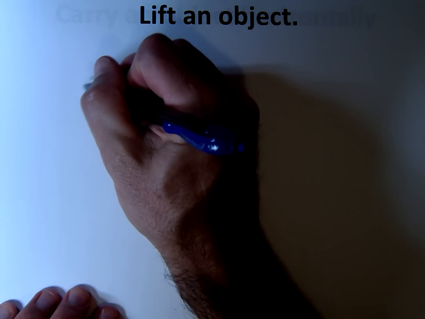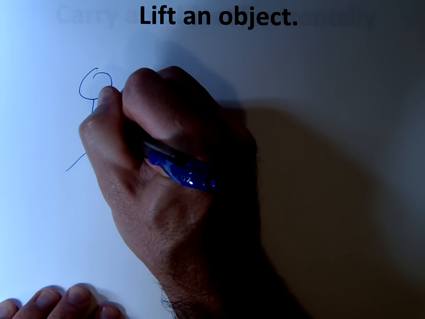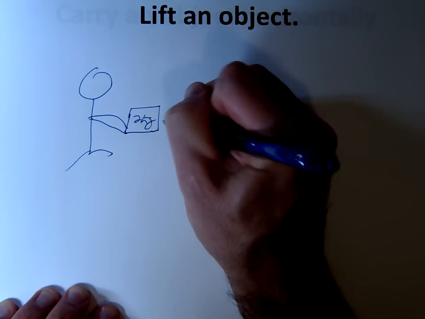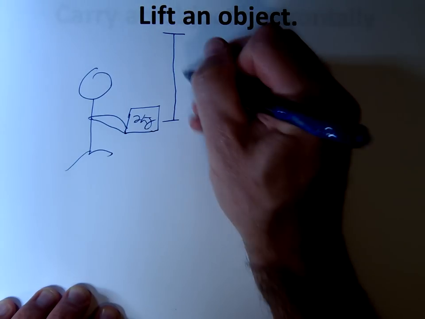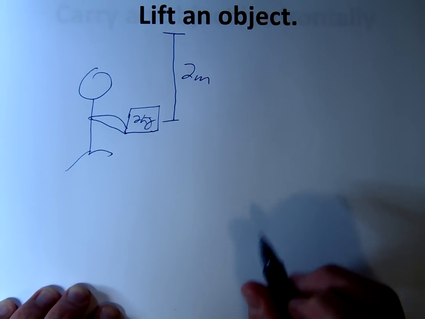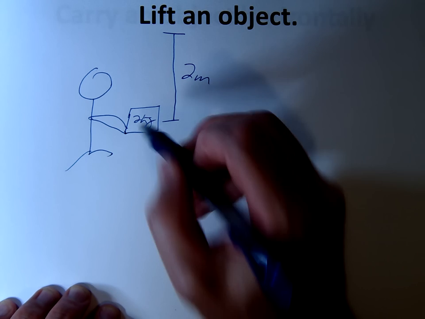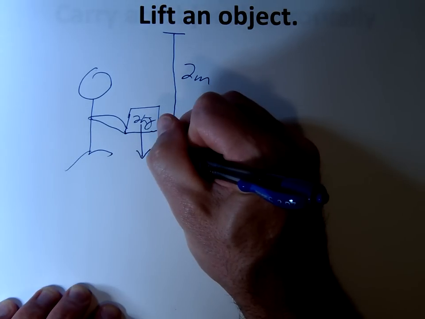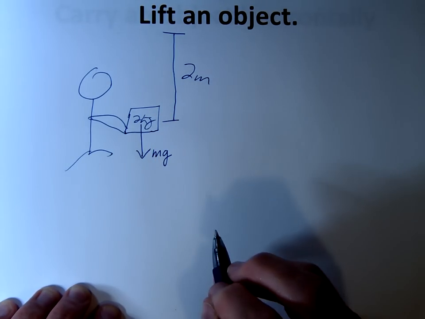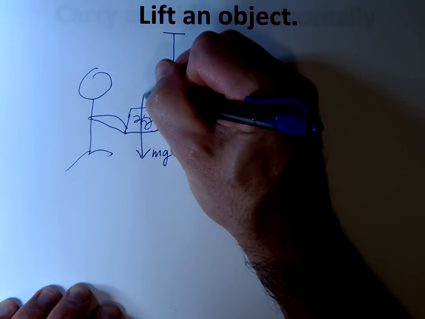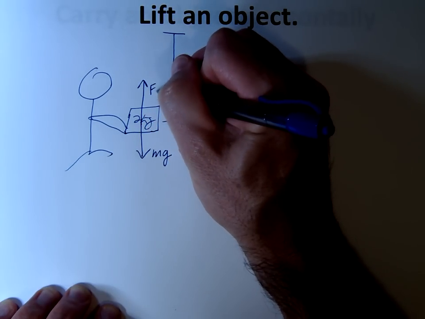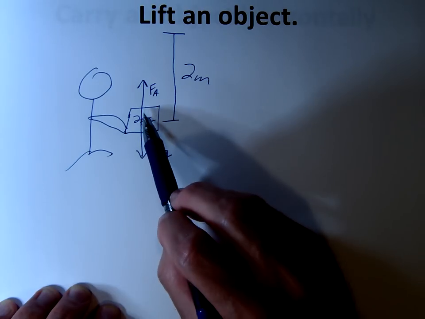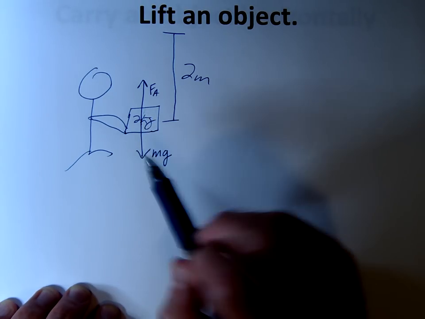What about if we lift an object? So imagine I'm going to lift up my 2 kilogram box. We'll say a distance of up over my head 2 meters. And again, we want to know the work. So notice here, the box itself has a force. If we did our FBD on the box, we'd have our force of mg pulling down. And I'm going to lift up with my applied force going up. So notice, in order for me to lift this weight, I would have to apply the same force as the weight.